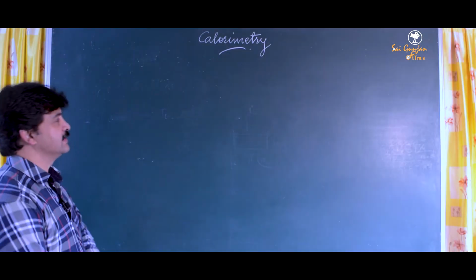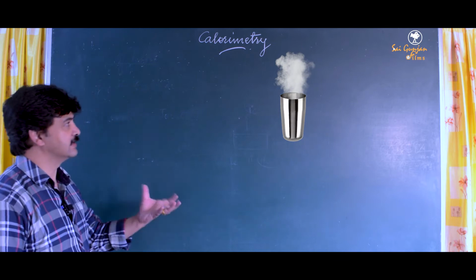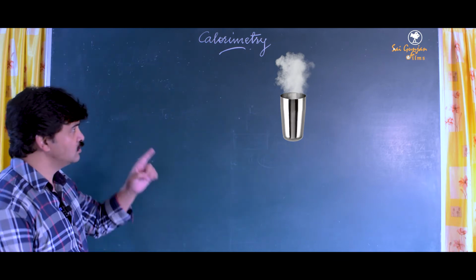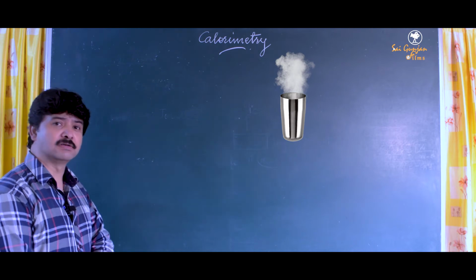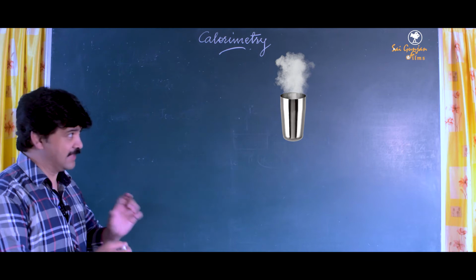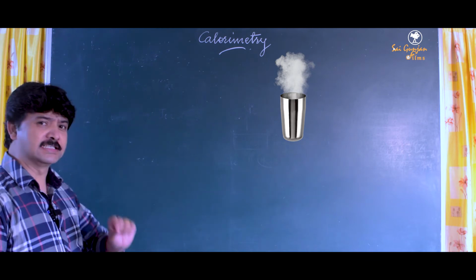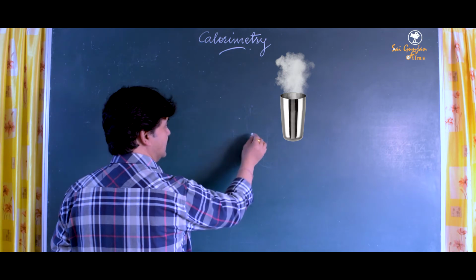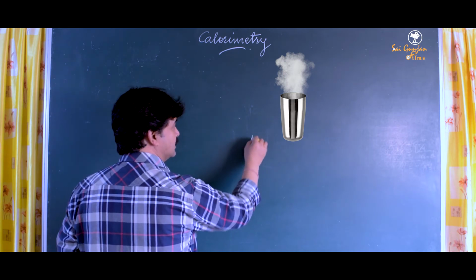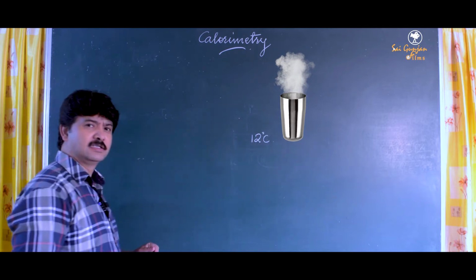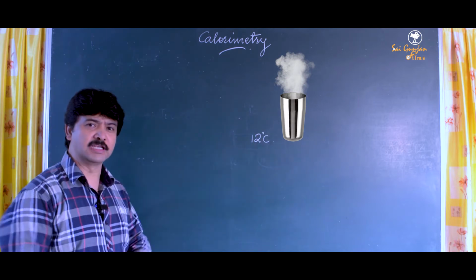Now look at that glass containing a hot liquid. Now how to express the hotness of the liquid? That can be done very easily with the help of numbers. For instance, suppose I say 12 degrees Celsius, it means it is warm only, isn't it?